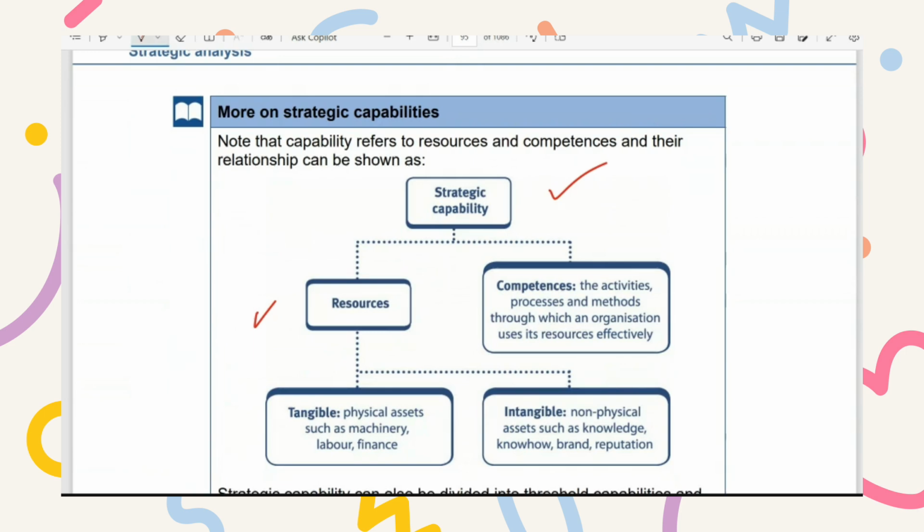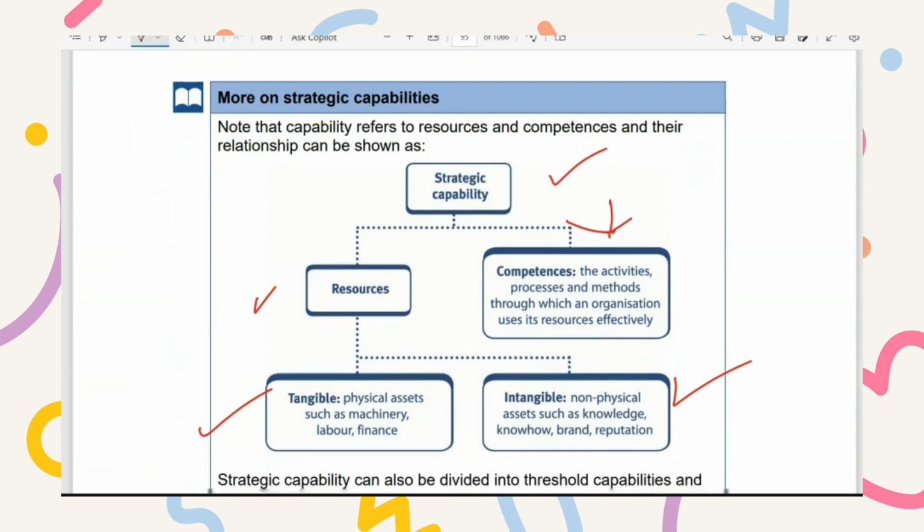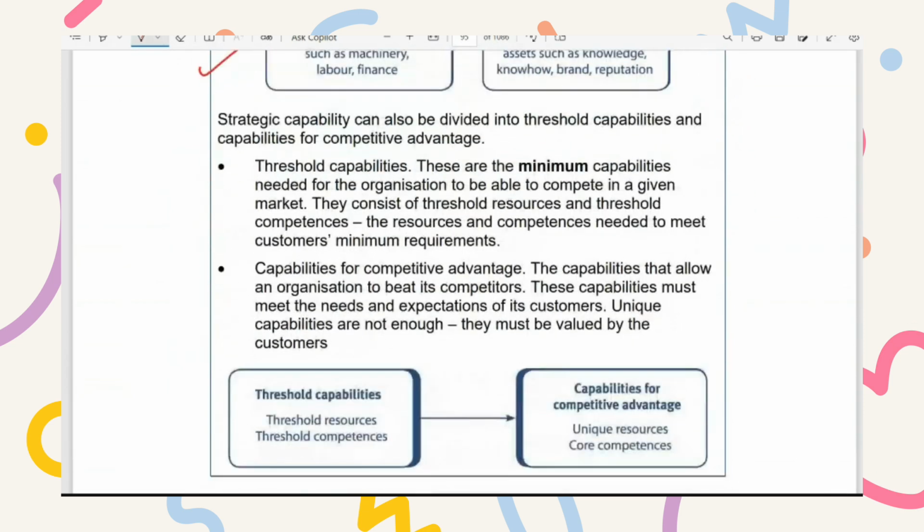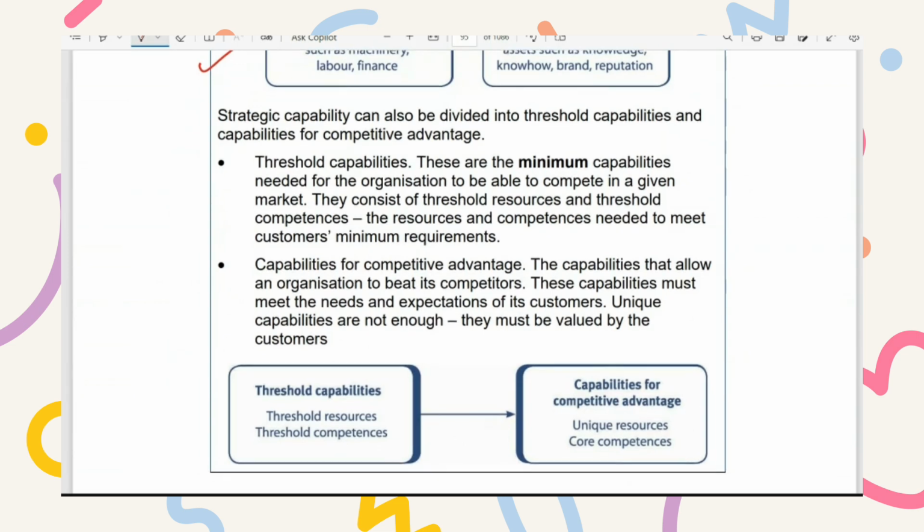Resources: what the company has, what they can do, what they can produce, and their access to all these facilities. Then competencies: how competent they are, their team, their workers, their technology, and their experience. Tangible assets are physical assets such as machinery and equipment. Japan and other countries are rich in these types of competencies and strategic capabilities. They have complete infrastructure facilities available there.